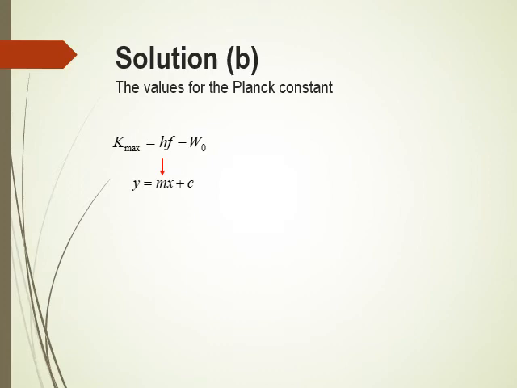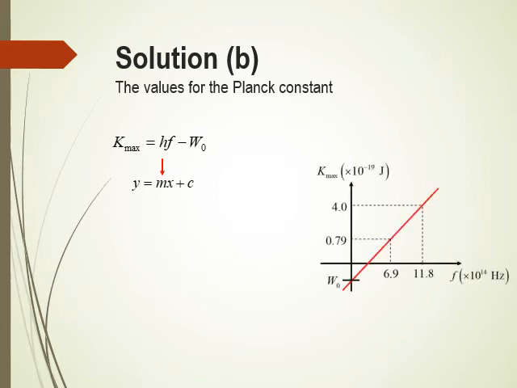So now that you know the Planck constant comes from the gradient of the graph, let us go back to the graph again. Now we have this graph with 2 points given, which is when x equals 6.9, y equals 0.79, and when x equals 11.8, y equals 4.0. So what are we going to do?